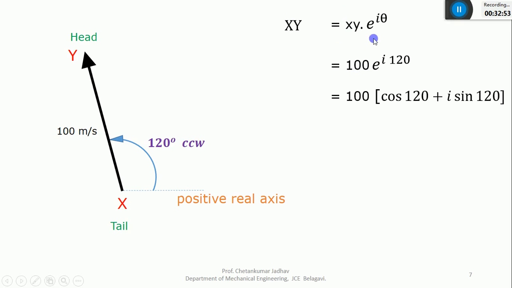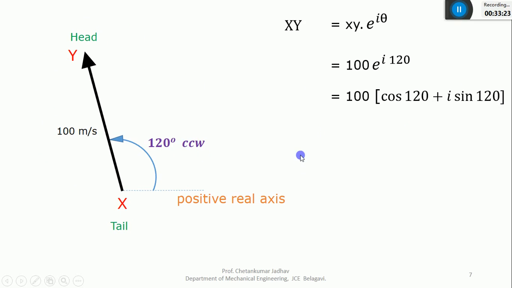Theta, remember, always has to be measured in counterclockwise direction with respect to the positive real axis and with respect to the tail of the vector. So it is 120. I know e raised to I theta is cos theta plus I sin theta. So I'll write cos theta plus I sin theta. This is nothing but the displacement of this vector xy.